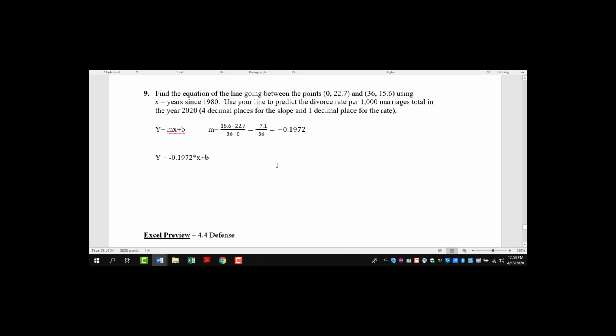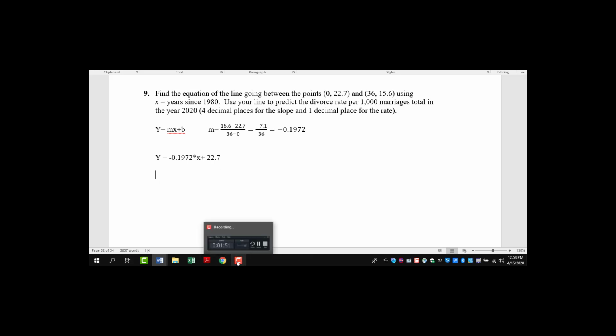Now, we could find B. You should be able to say, oh, hey, I know what B is, because B is this. Because we have 1980 as year zero, so that's all we need. So now we're going to predict.